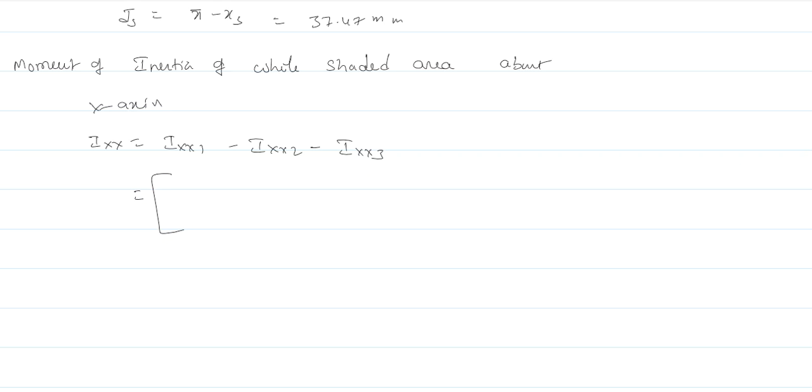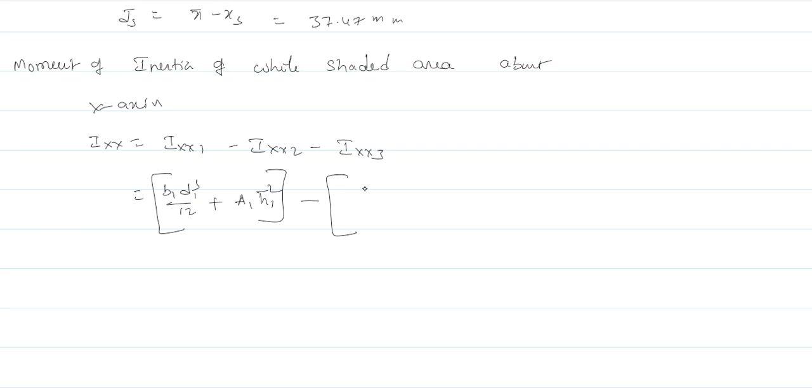So formula for Ixx1 is, already we know, b1 d1 cube by 12. And we have parallel axes, so you can apply parallel axis theorem, that is Ig plus a1 h1 bar square. Ig is nothing but b1 d1 cube by 12.